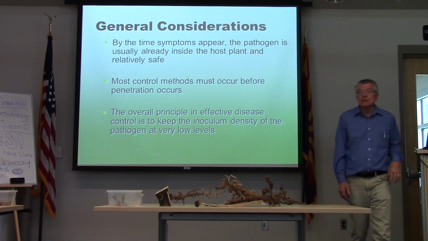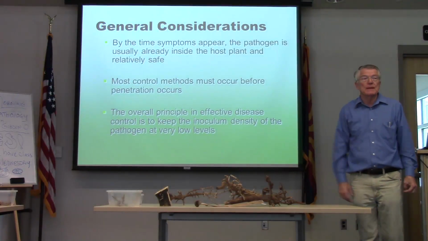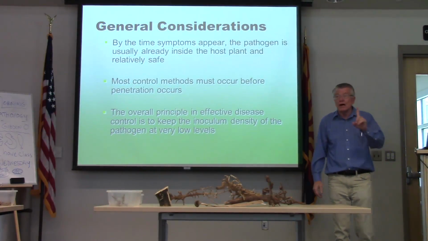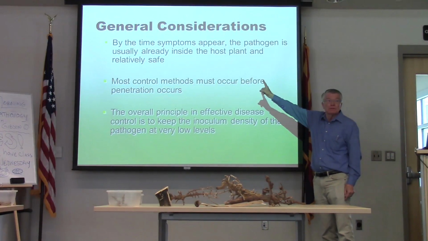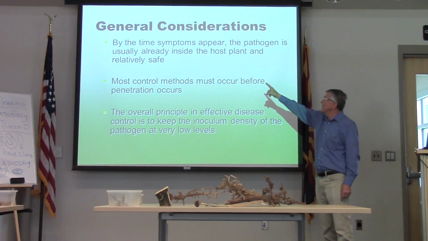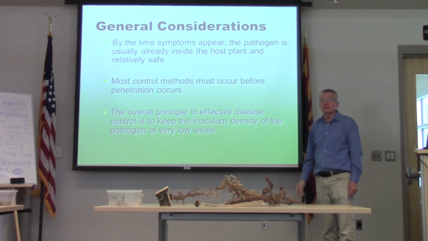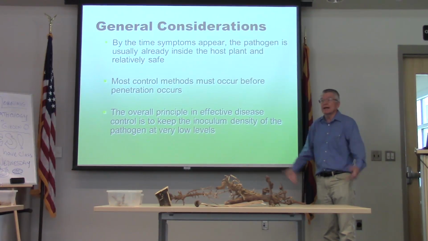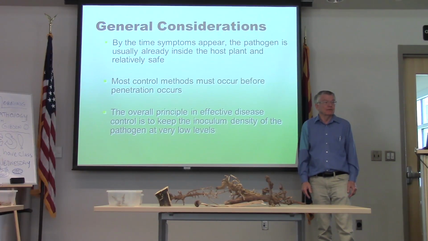Before we go into each one of those and look at them in depth, there's some general considerations that we must remember. Number one is that by the time the symptoms appear, the pathogen is usually already inside the host plant and is relatively safe from anything we can do. Once it's inside the plant, it's pretty tough to turn it around.